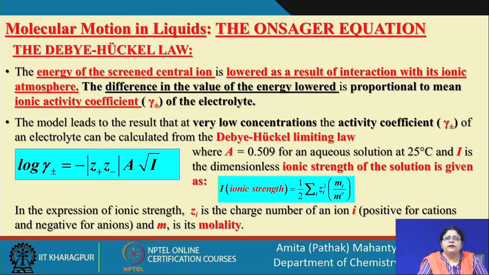So, the central ion: if I have one point in time where there is no ionic atmosphere, no haze around the central ion, and another condition where the ionic atmosphere exists, it has been shown experimentally that you can have a lowering of the energy of the central ion when they have an ionic sphere around them.